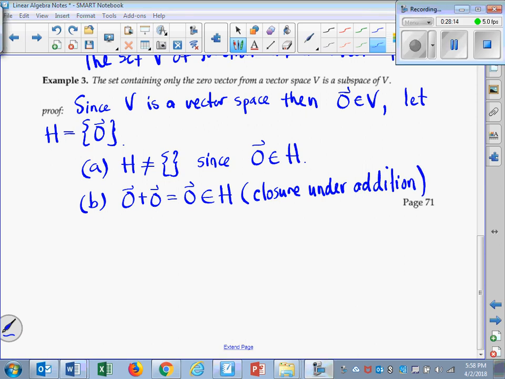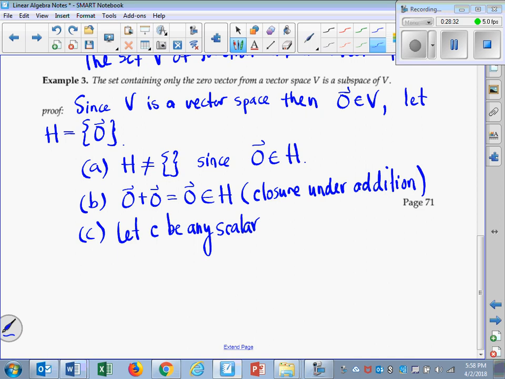Okay, well now let's look at the last part, part C. We want to show that it's closed under scalar multiplication. So we'll let C be any scalar. Choose any number you want, so C can be 10, 5, or whatever, and we can multiply it to the 0 vector. I want C times 0 is still the 0 vector.